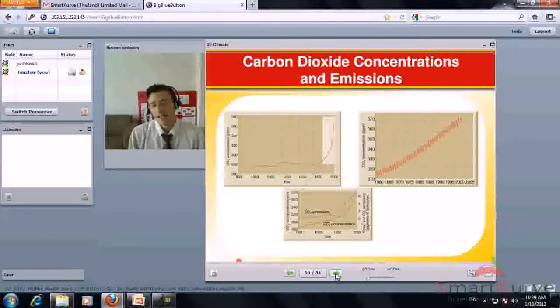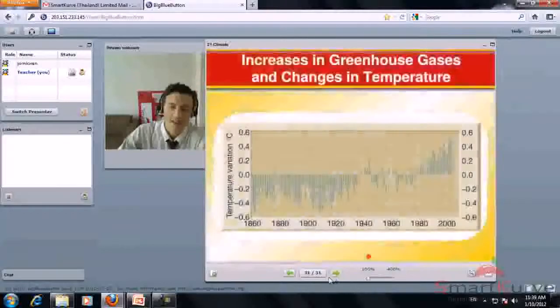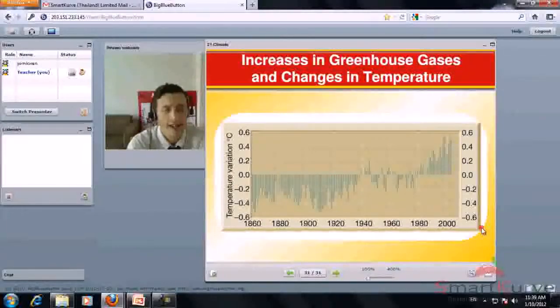The last image on the right side, you can see that CO2 concentration in parts per million tends to go up and down with the seasons, but overall the pattern is a steady increase. And it's this carbon dioxide in the atmosphere that many people think is causing changes in temperature.